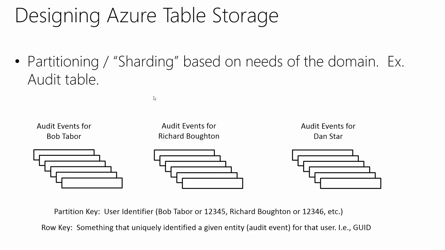So you want to record all of the actions that every user takes in the system, and you may never need to recall or look at that data, but if you suspect there's some fraud going on, then you probably want to pull all of the audit records for a single user of the system. In that particular case, we would partition or shard the data based on each user.